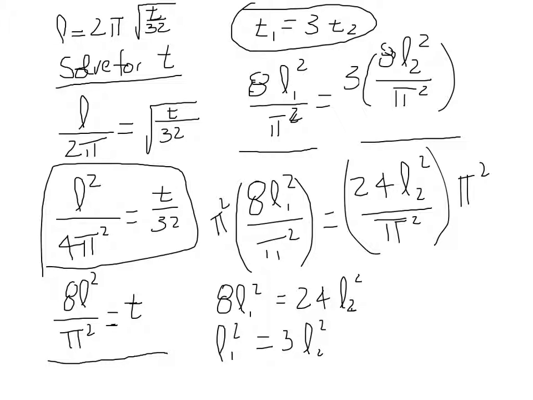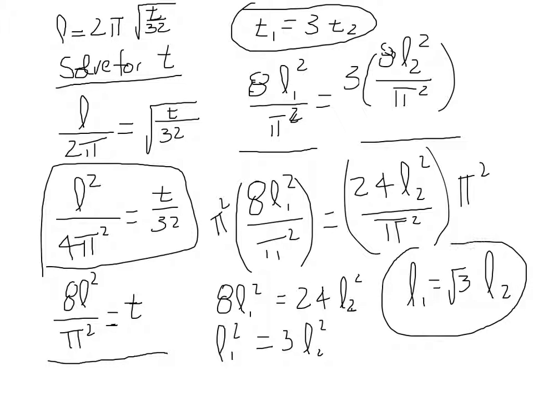And then if I were to square root both sides, we'd have L1 equal to the square root of 3 times L2. So the relationship then between L1 and L2 is that L1 is the square root of 3 times L2.